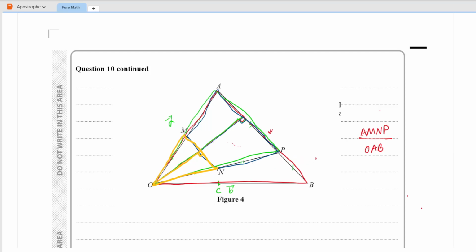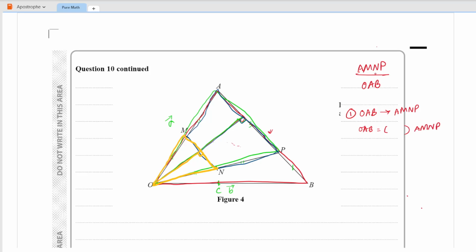What we can use here, we have three options. Let me write it down so you know how to actually think when you're solving these kinds of questions. We can write OAB in terms of AMNP, meaning OAB is equal to something times AMNP.